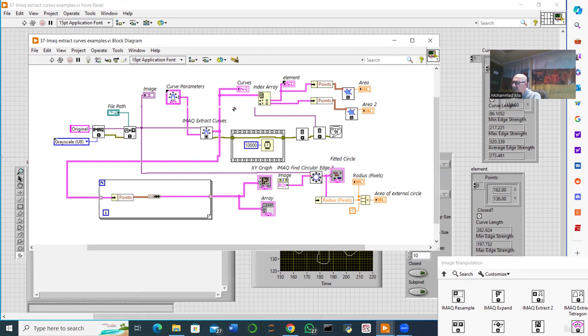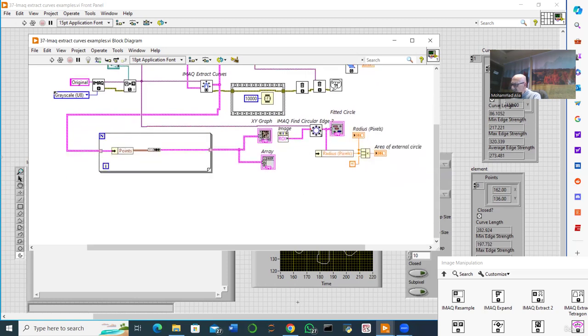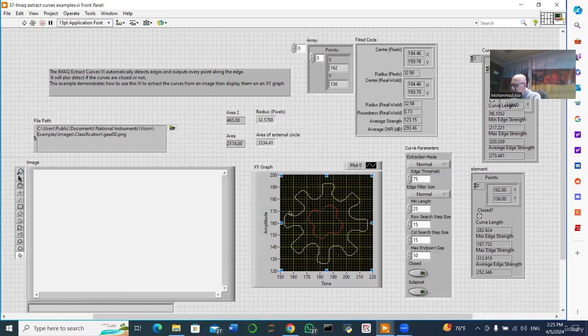And this array of clusters, I have indexed it twice, with index 0 and index number 1. Here it is index 0 and this is index number 1. Why this? Because I want to extract information related to this contour.